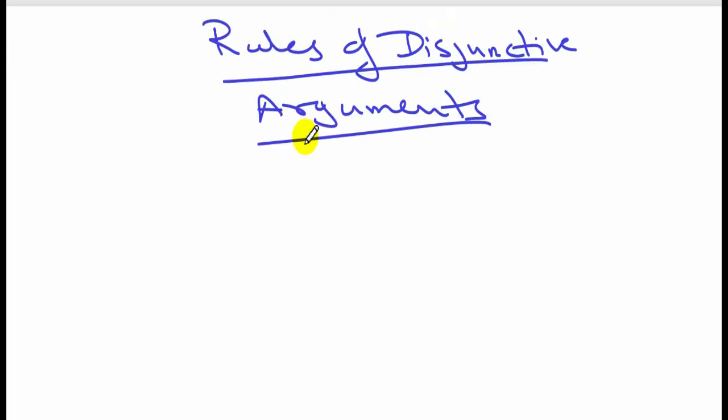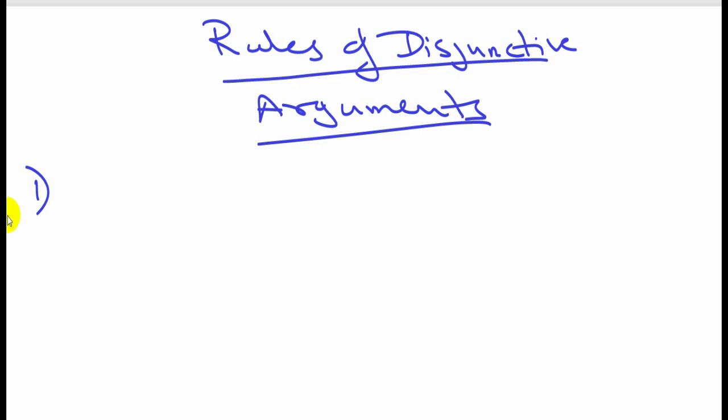Okay, so what is the rule? We have two rules here as well. The first rule states: by denying one of the alternatives in the minor premise, the other alternative can be affirmed in the conclusion.